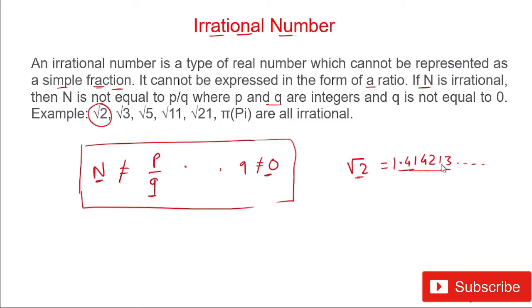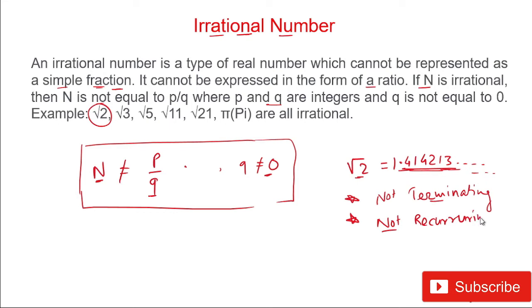They come in a haphazard manner and do not stop. First, the digits are not terminating, meaning it goes on and on. Next, the pattern is not recurring. So first it is not terminating, next it is not recurring.